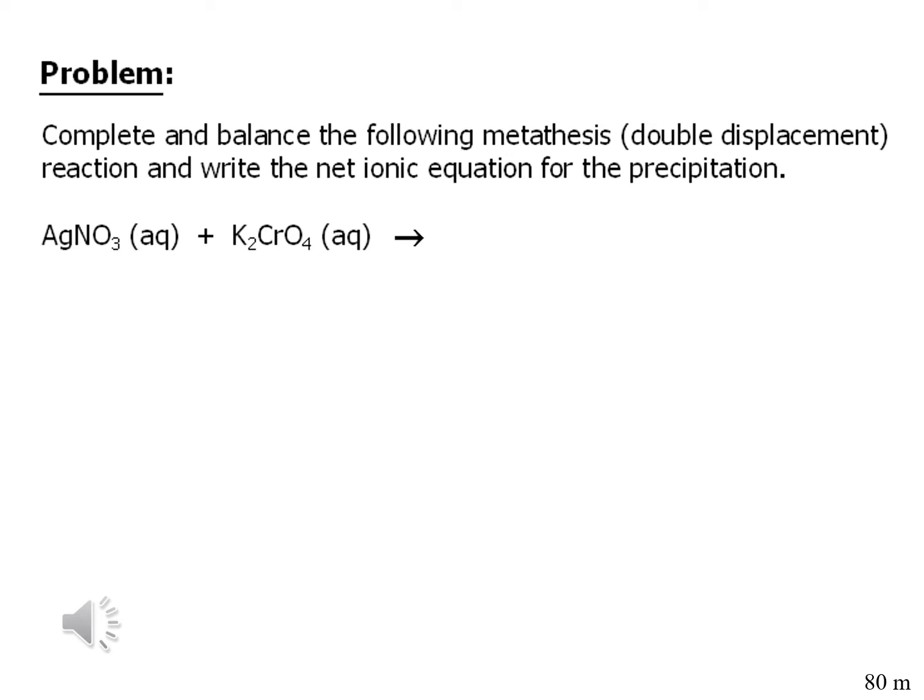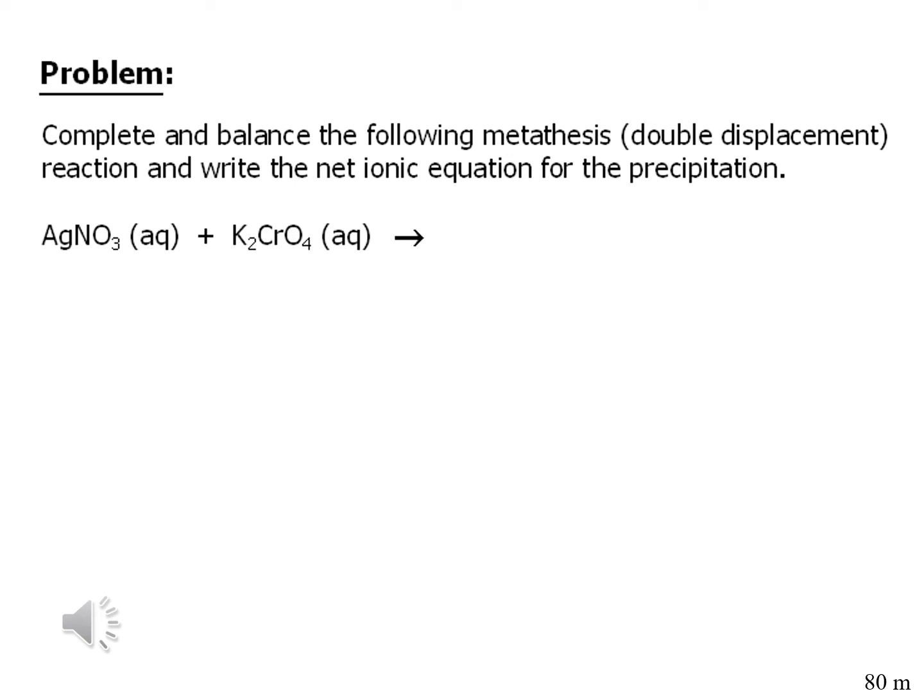So the way this question is going to be stated would be, if I showed you the 2 reactants that are on the screen here, I would tell you to write the net ionic equation for this precipitation, and it's a double displacement reaction.